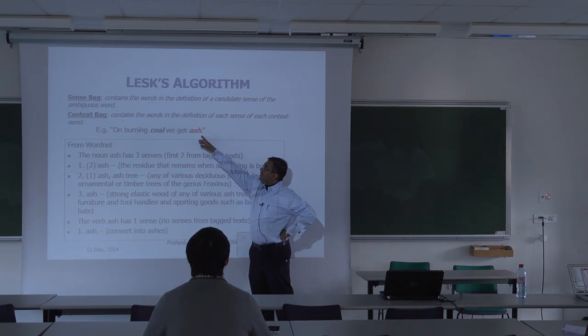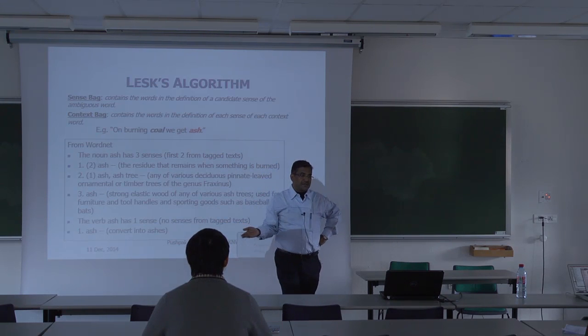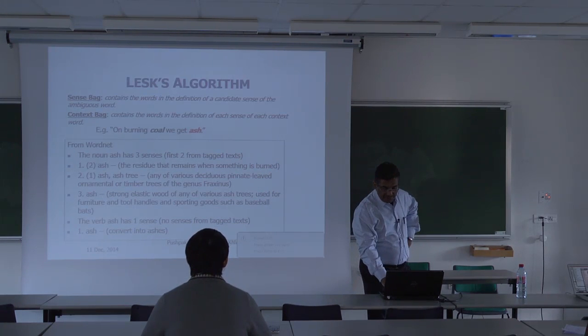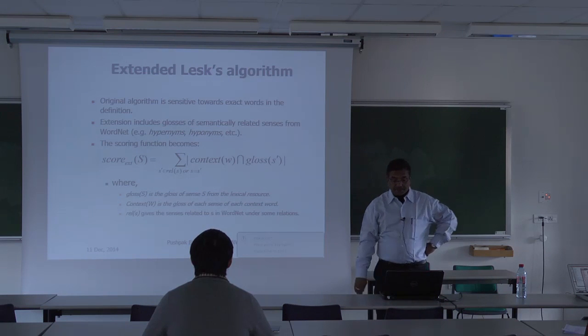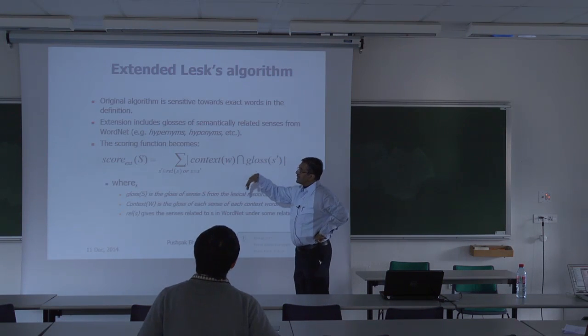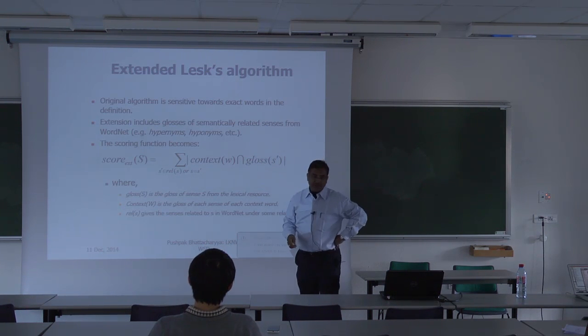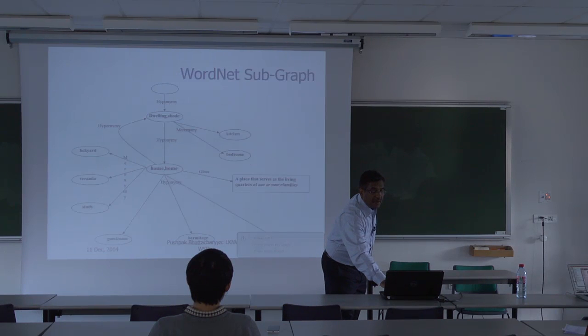So, here the target word WSD concentrates on ash and tries to see the overlap between context and the senses. So, this has of course been modified to include many more words from the neighborhood of the graph. So, that makes use of, for example, hypernymy, hyponymy and so on.